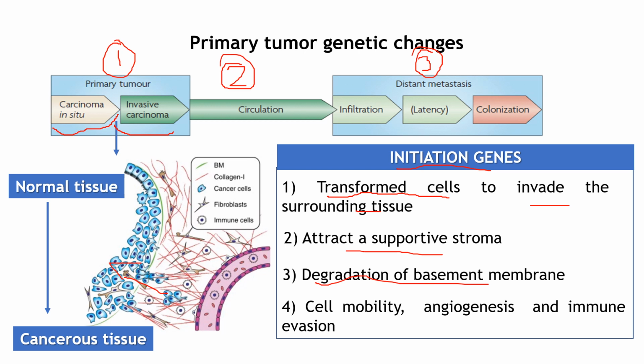Remember, you have enzymes that break that. Other changes include that the cells become mobile. They experience angiogenesis, which we will cover in the following class. Angiogenesis is a process in which new blood vessels appear. To feed these cells, they will need to create a new blood vessel here.